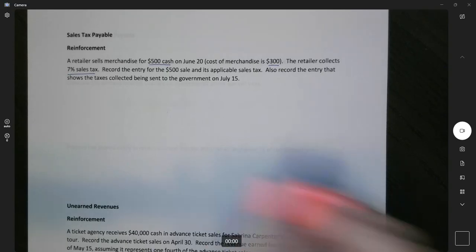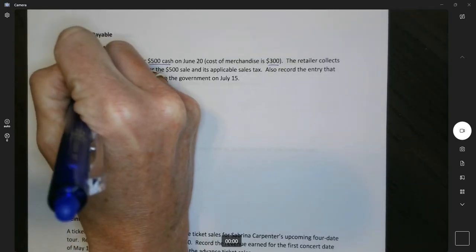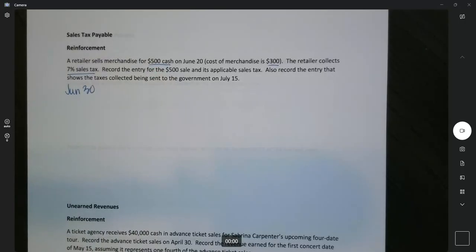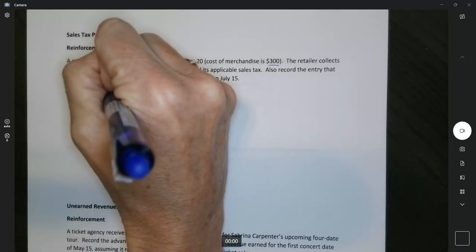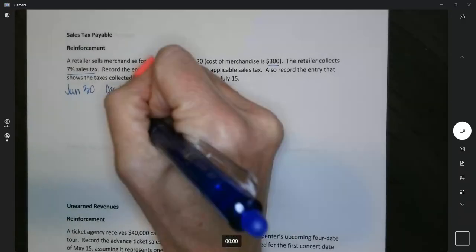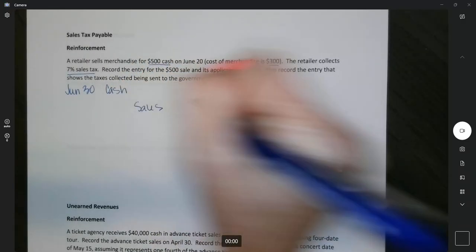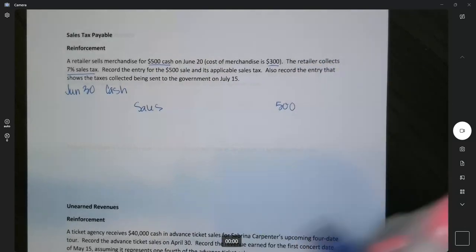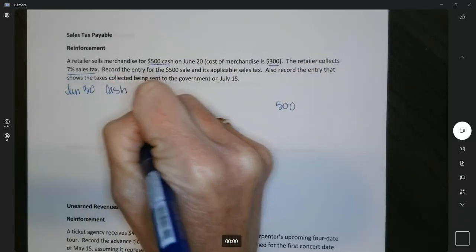So first thing we're going to do is June 30th, and there are actually two parts to this. One of them for the sale and one of them for the cost of the merchandise. You might remember that back in previous chapters. So first up, let's do the sale. We collected cash. We'll determine what that cash amount and the debit is in a minute. We're going to credit sales for $500, and we're also going to credit sales tax payable.